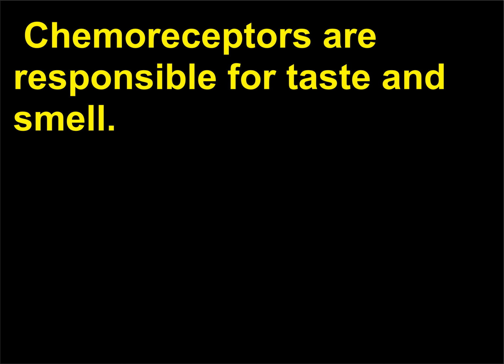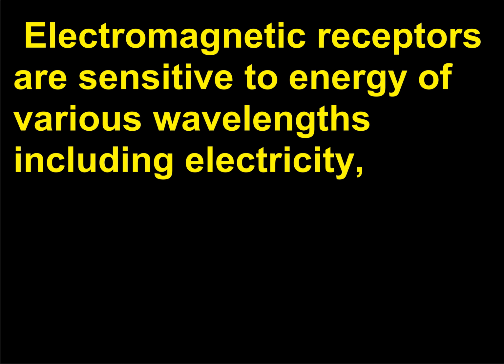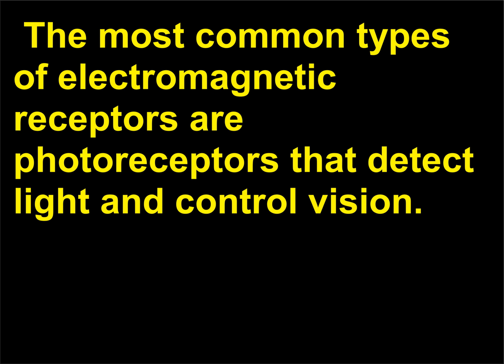Chemoreceptors are responsible for taste and smell. Electromagnetic receptors are sensitive to energy of various wavelengths including electricity, magnetism, and light. The most common types of electromagnetic receptors are photoreceptors that detect light and control vision.